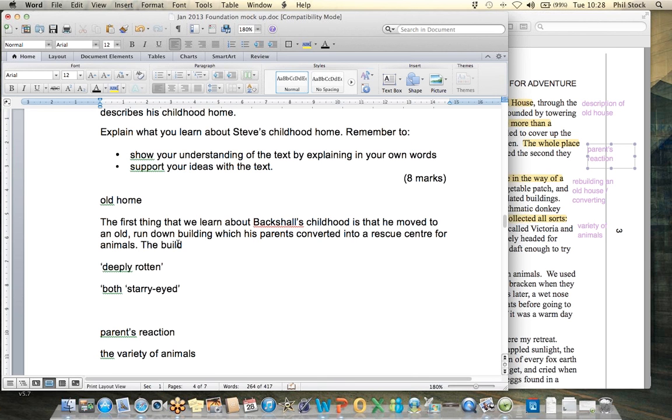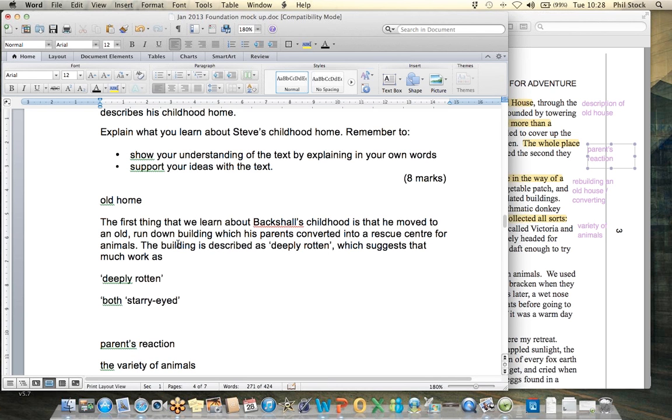The building is described as deeply rotten. Again, once you've put your quotation in as your evidence, you need to make sure that you've inferred something from there. The building is described as deeply rotten, which suggests that much work was needed to make it better.